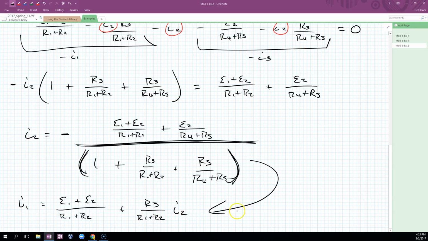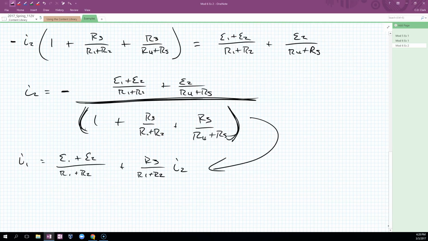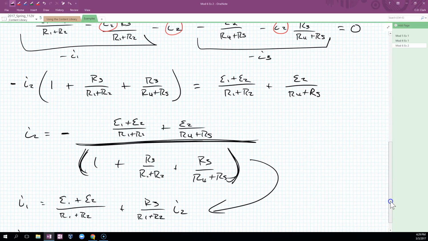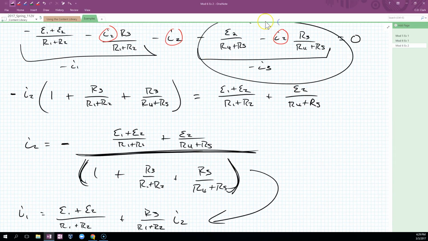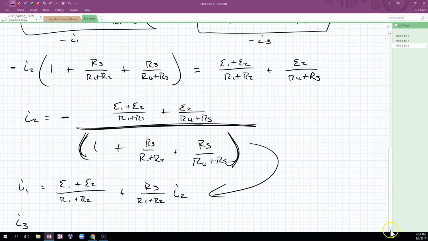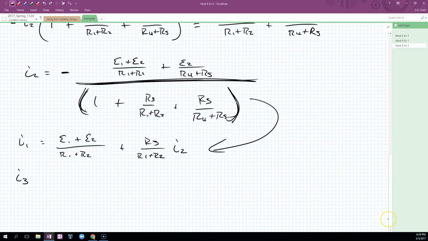So I take this and plug it into there. And then I have the same thing for I3, a calculation that includes I2. That's this one right here. So I'd be able to plug all of those in. And if I had numerical values, it'd be even simpler. I would just calculate a numerical value for I2, and then plug that in to calculate numerical values for I1 and I3. So that's it.